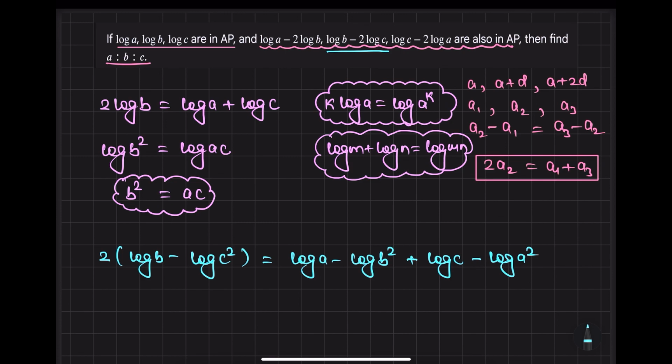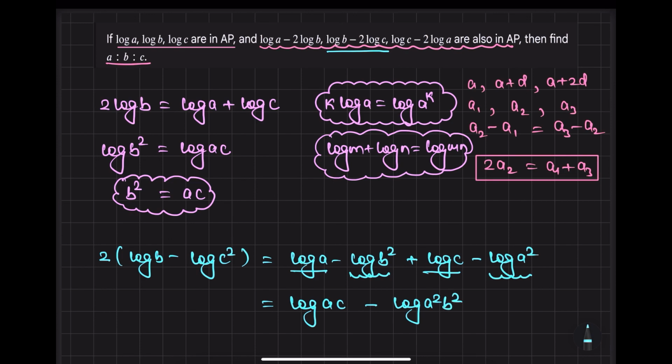Here and here I will apply the log m plus log n formula, and in these two things we will take minus common, and again apply the log m plus log n formula. So we will be left with log AC minus log A square B square.